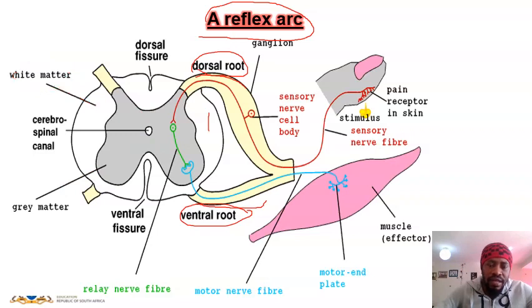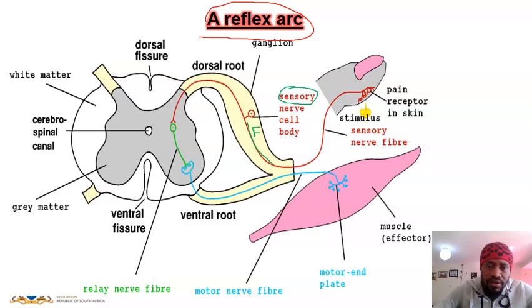Again, we will identify 3 neurons in the spinal cord. We'll identify the first one here. I'll call it neuron F. My neuron F is the sensory neuron, or the sensory nerve bundle.